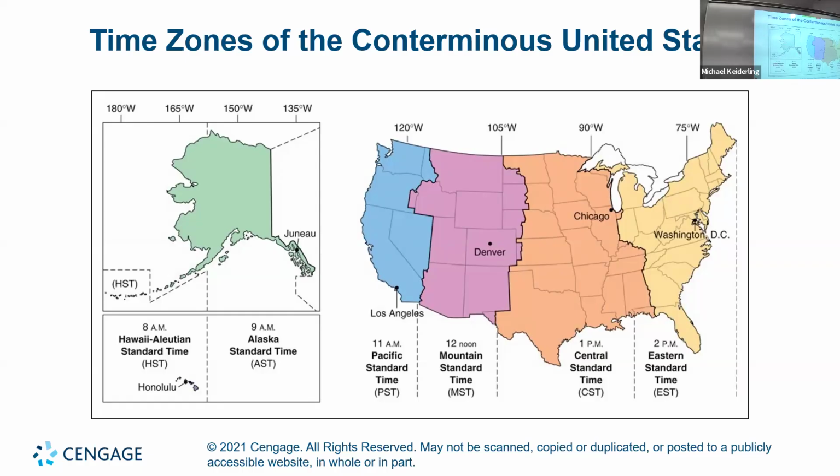And then Hawaii Aleutian Standard Time, which covers Hawaii and a bit of the Aleutian Islands. So Alaska Standard Time is more centered around here, it's centered around 150. There's not many people over here.